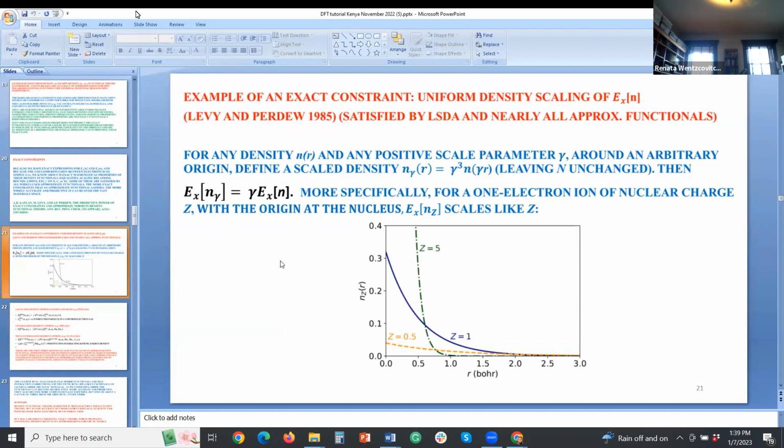For Z equals 5, you see the density of boron plus 4, which is much more localized near the origin and falls off much faster than the hydrogen density. I also show Z equals 0.5 to show that mathematically you can scale in either direction, even though physically you can't make a nuclear charge of 0.5. In this situation, the exact exchange energy for nuclear charge Z scales like Z. This is a more general result, but that's a specific example.